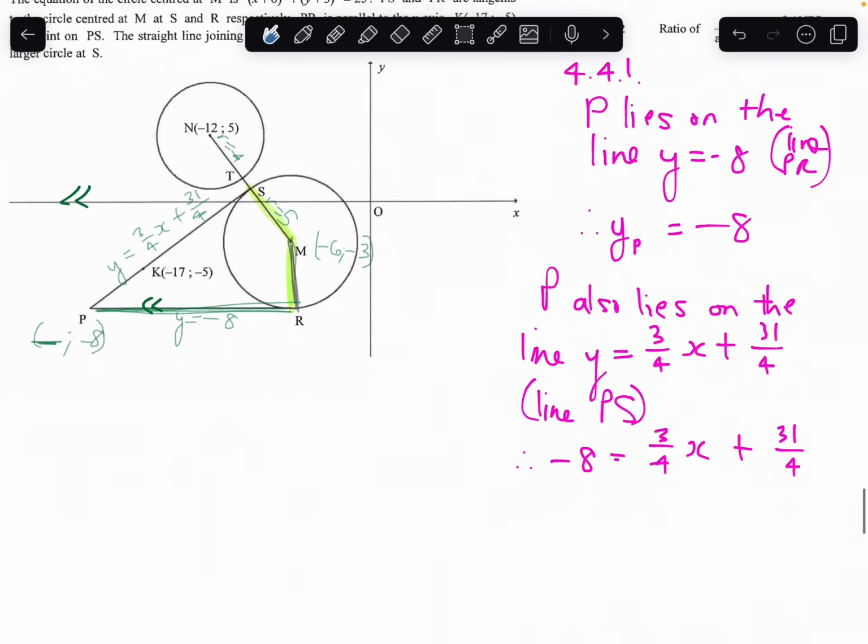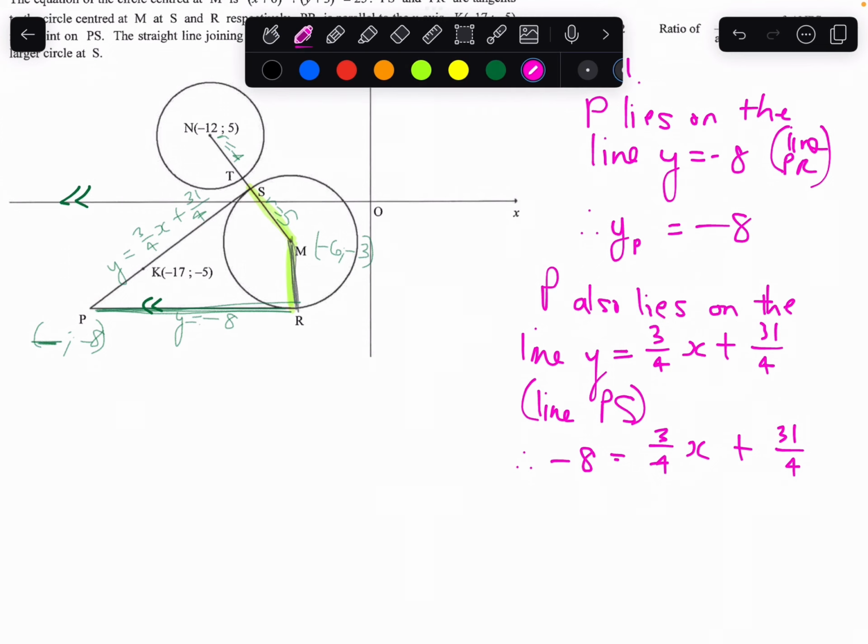Okay, and then we can subtract this guy from both sides. So -8 minus 31/4, I think that comes to -63/4. Yes, is equal to 3/4 x. Okay, we can times both sides by 4, just so we're not working with non-integers.